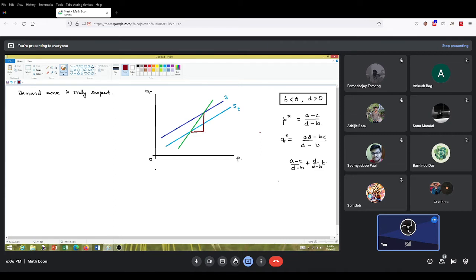Okay, so this is the starting price. Let us call it A. Let us call this C and let us call it D. So what is the extra price? What is the increase in price to the consumer?